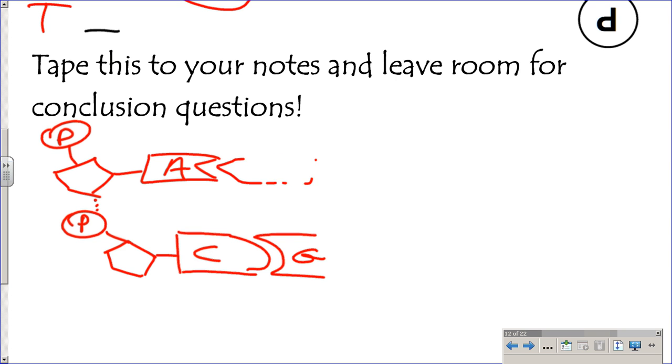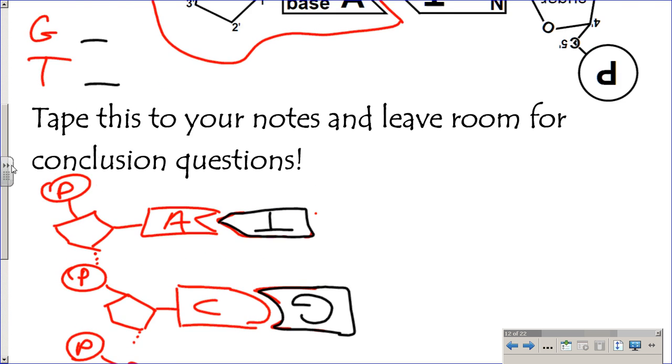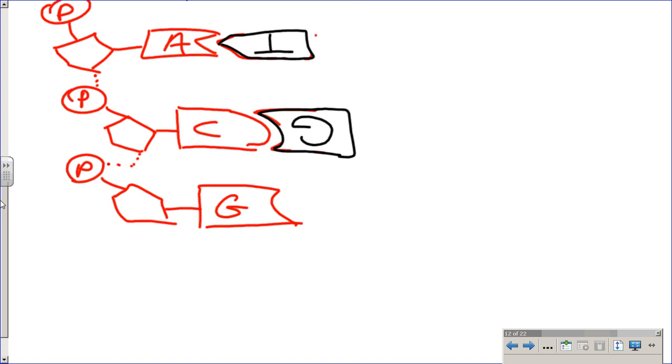I'm going to write this upside down though, because it's upside down. This is looking real good.